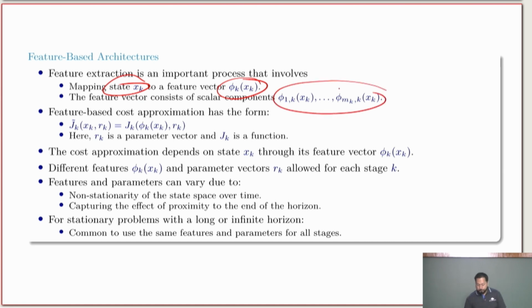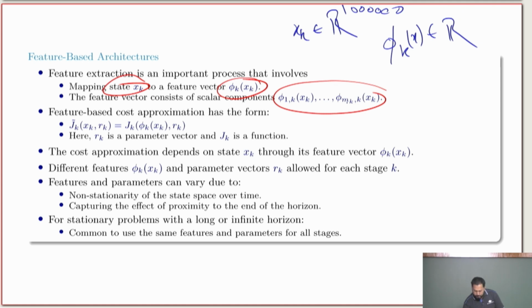Now this state xk may be in a very high dimensional space, let us say 1 million or something like that. And the whole idea is that this phi k xk is, let us say, a very small dimensional space. In this case it's mk, and mk is much less than, let's say, this one, which is million, right?